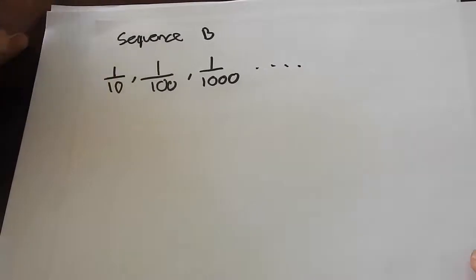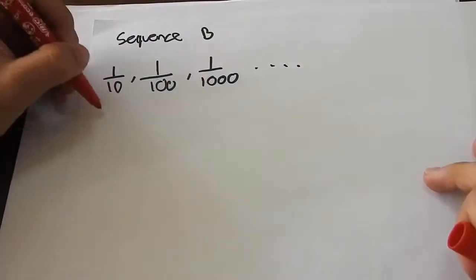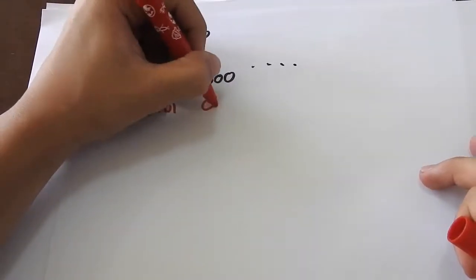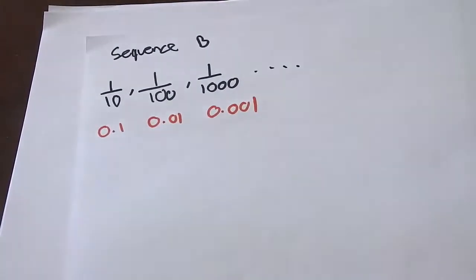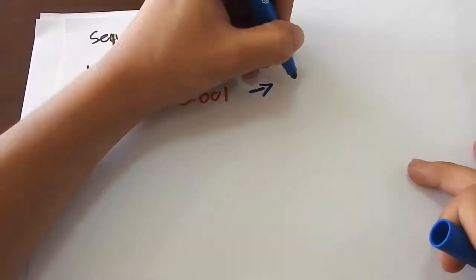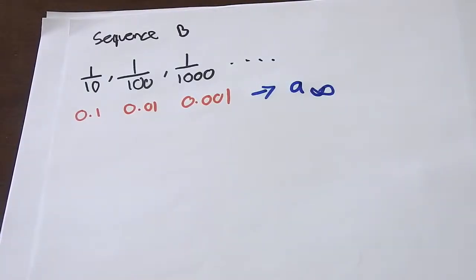This first fraction is, in other words, 0.1, and then 0.01, then 0.001. So if I keep increasing the terms up to infinity, to what value am I going to?